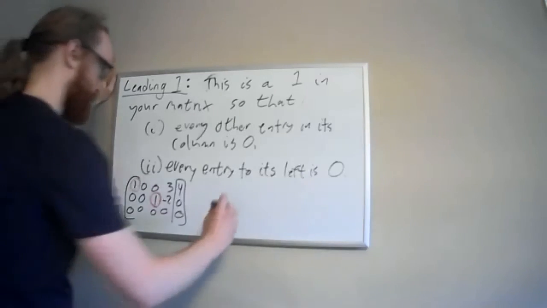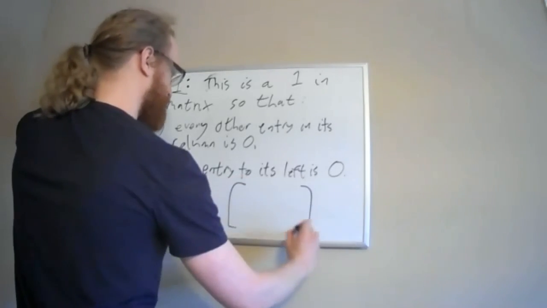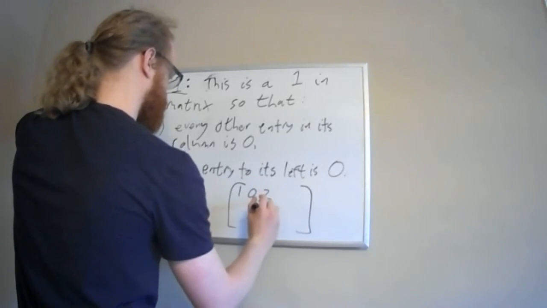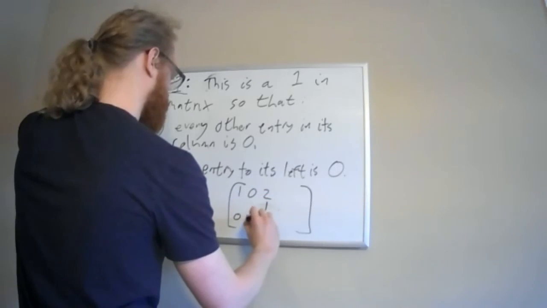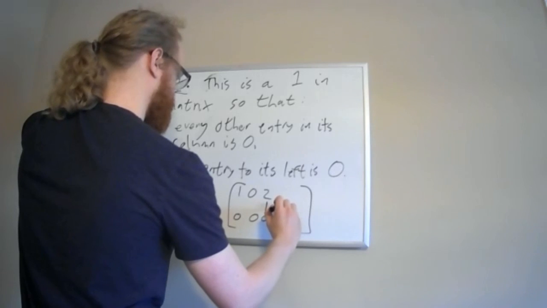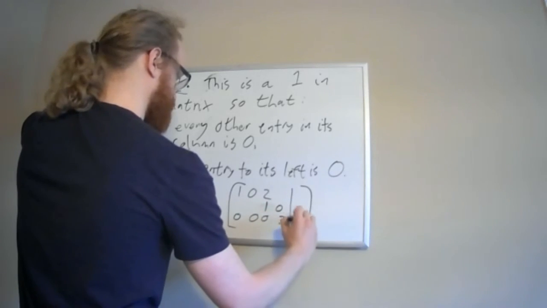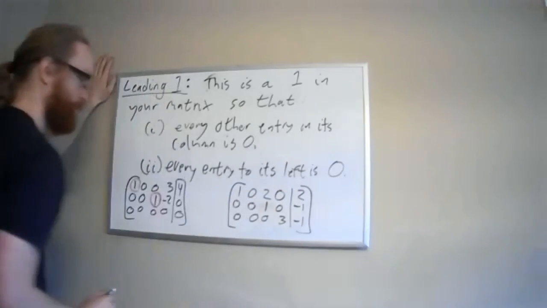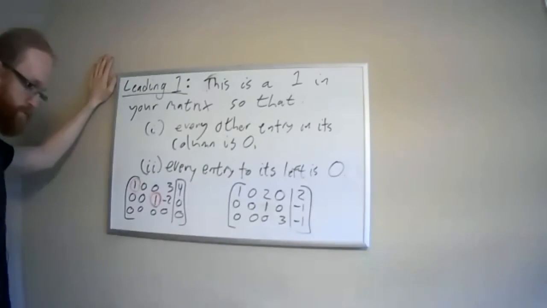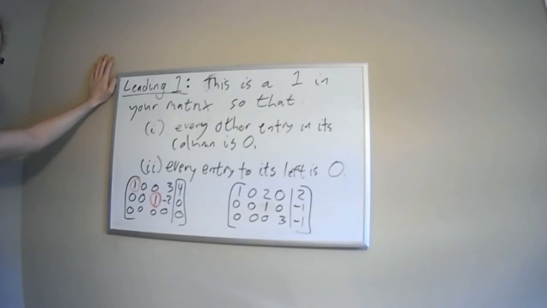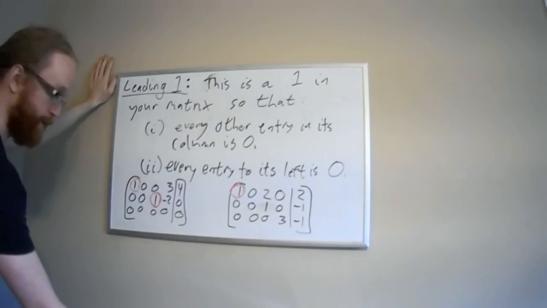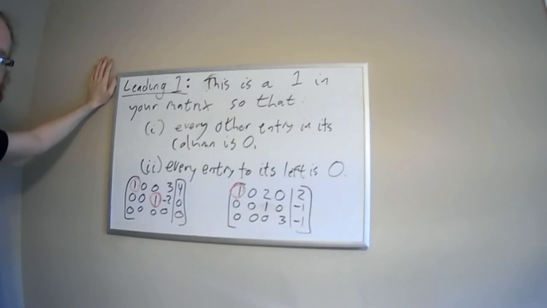Let me give you another example here, where there's something that's not a leading one. Okay, here's another matrix. Let me circle all the leading ones here. This is a leading one, again, because it's a 1 in the upper left corner. But that's the only leading one.